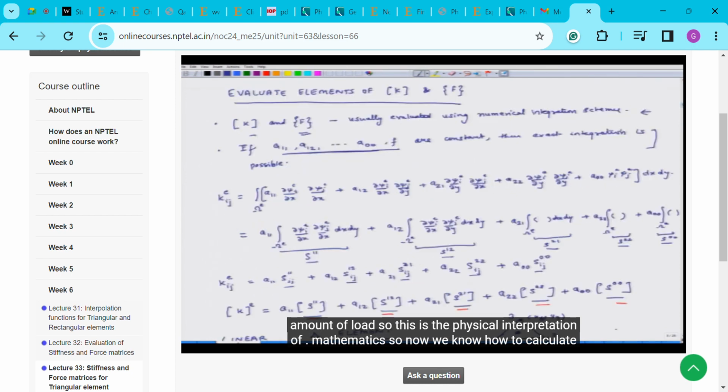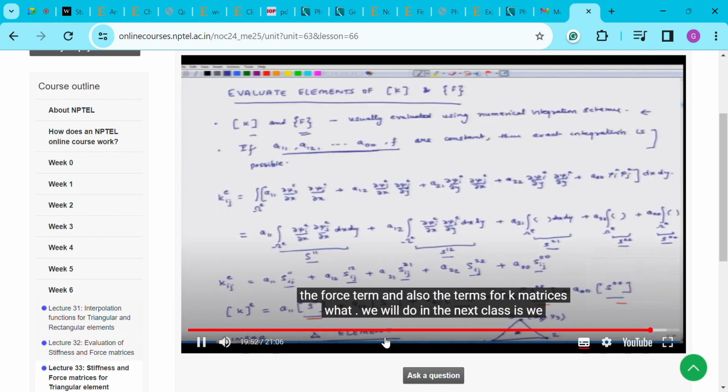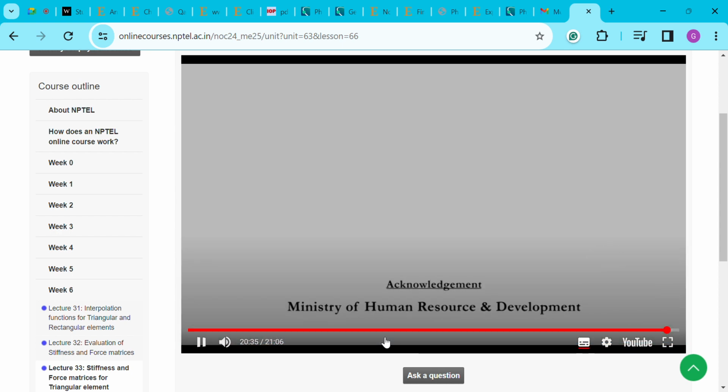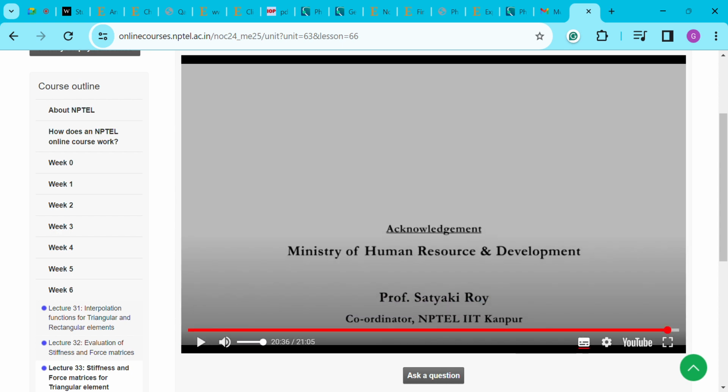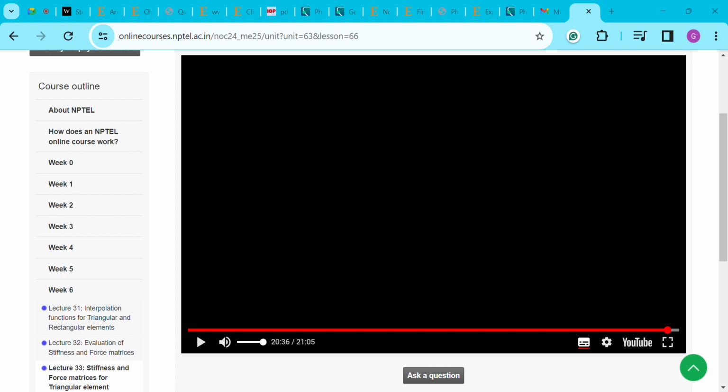So now we know how to calculate the force term. Does it mean that for a small element in the whole domain, for that small area we have some force distributed over that area, and we are assuming it to be at all nodes instead of distributing it over all the area? Yes, we are trying to assume it at all nodes.